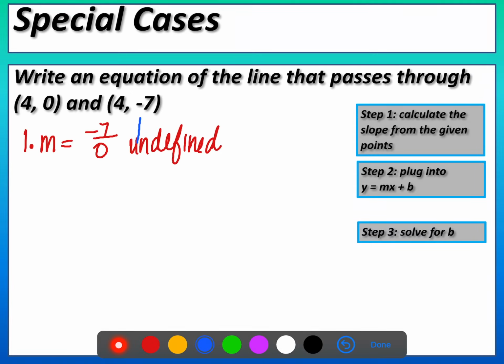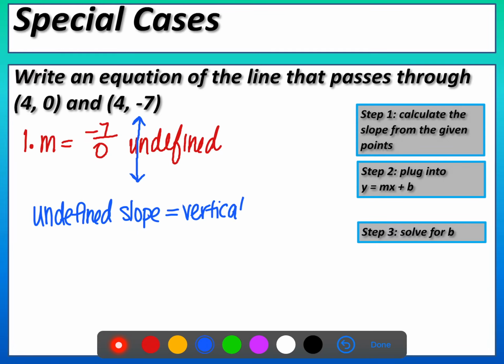So remember our little trick. The U in undefined makes a vertical line. Okay, and I have to know that a vertical line has an equation that looks like x equals a number.